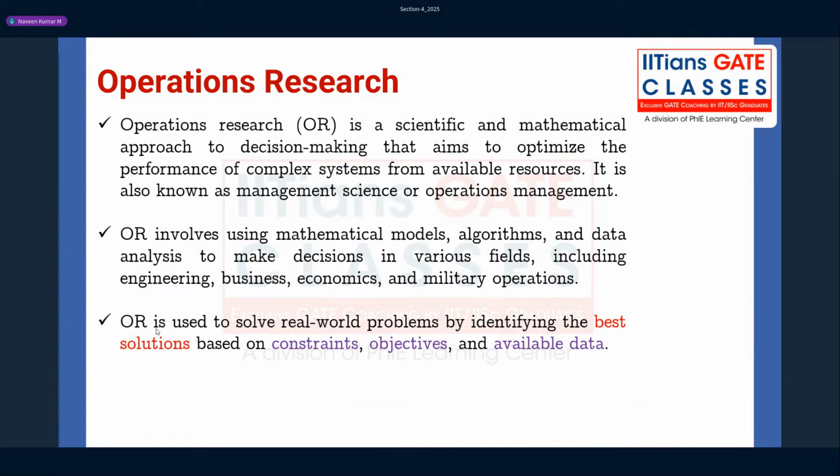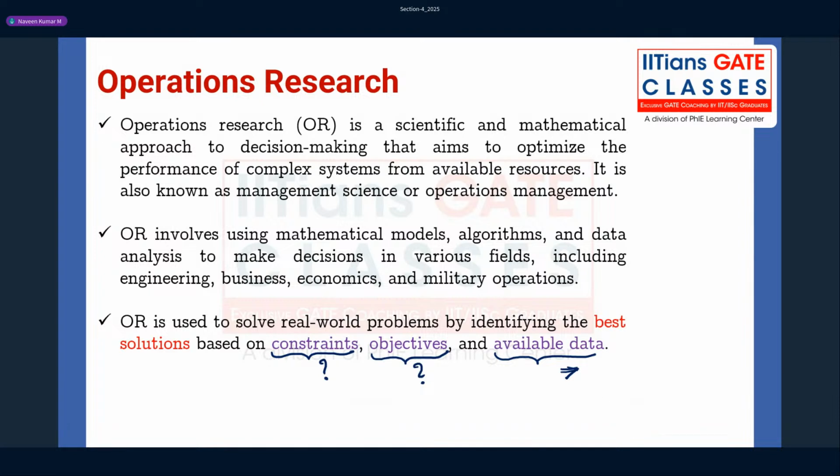So OR is to solve real world problems by identifying the best solutions based on the constraints, objectives, and available data. This is what we are going to discuss today in detail. What are the constraints, what are the objectives that you have to satisfy, and what is the data that is given? Based on these, we'll be able to identify and understand.